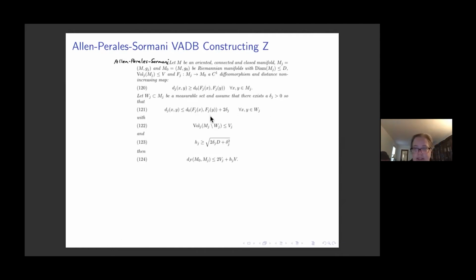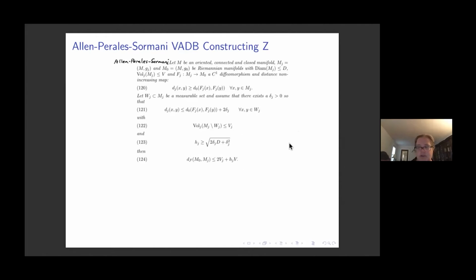We do have distances on both sides. We have the volumes less than or equal to VJ also, and we get the heights, because we're going to actually literally construct a Z and we're going to use these heights. This height is very similar to the one used with Sajjad Lakzian. And then we get the intrinsic flat distance will be less than or equal to twice this VJ. This is the extra pieces, plus the HJ V, which is like the volume of the V part.